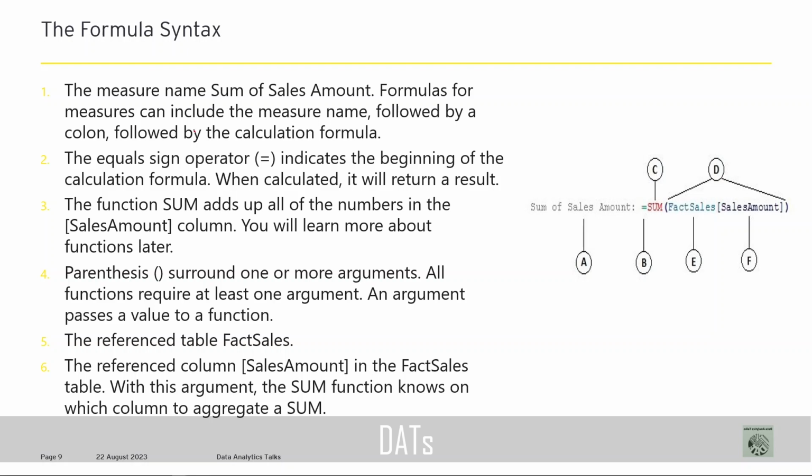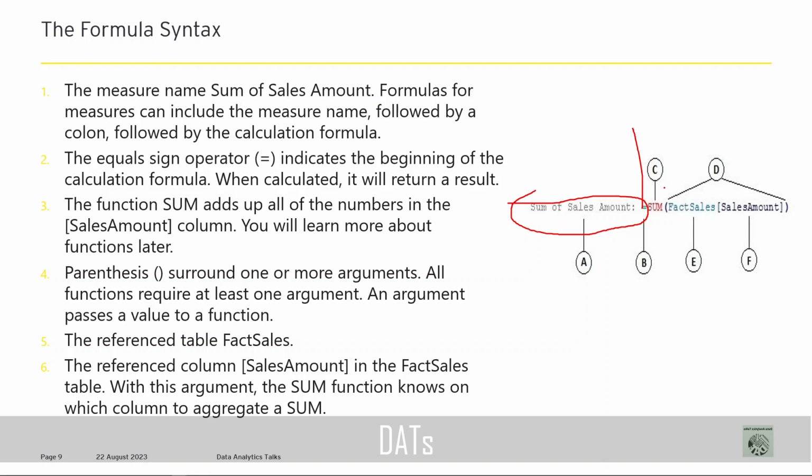What is A? The measure name, Sum of Sales Amount. A formula for a measure can include the measure name followed by a colon followed by the calculation formula. The second one, B, is the equal sign operator, which indicates the beginning of the calculation formula. When calculated, it will return a result.